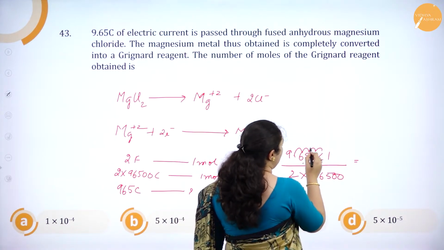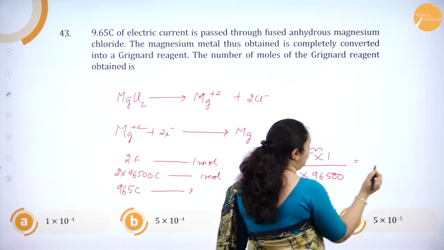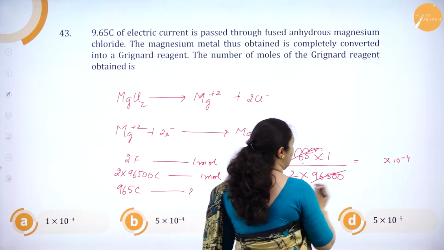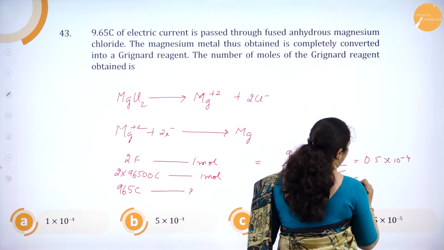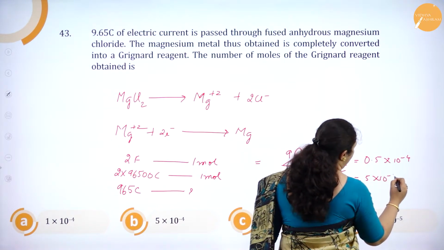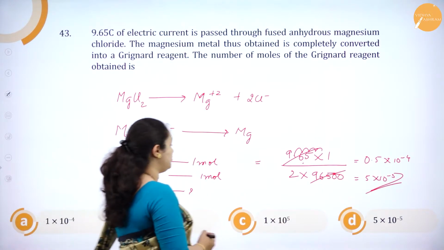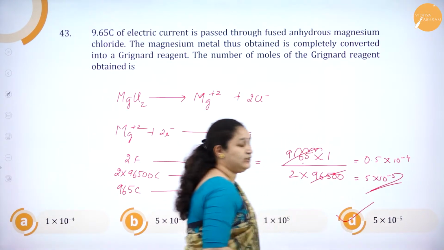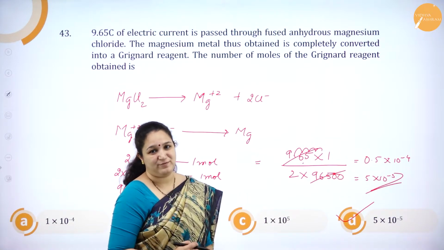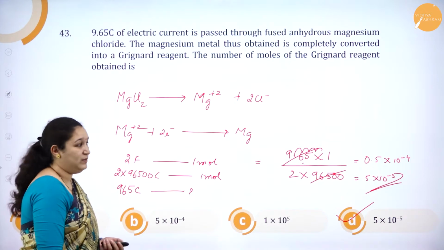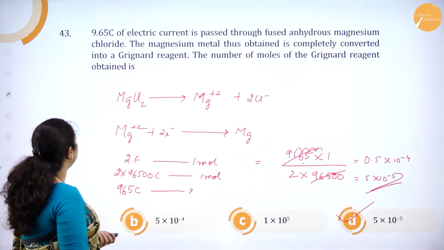So, it is 1, 2, 3, 4 points I have moved. So, it is 10 to the power minus 4. This and this gets cancelled. Half is 0.5. So, 5 into 10 to the power minus 5. So, the answer is option D, 5 into 10 power minus 5. Okay. So, I hope you have understood. It's quite easy problem. Next question.